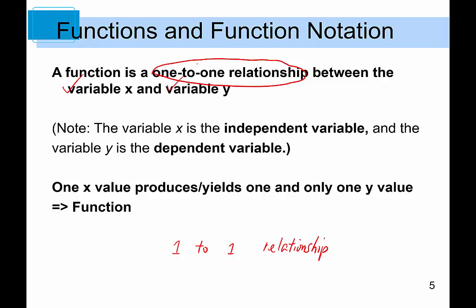We call variable x the independent variable, and variable y is called the dependent variable. The key thing about this is that one x value yields only one y value. So that will construct the function.